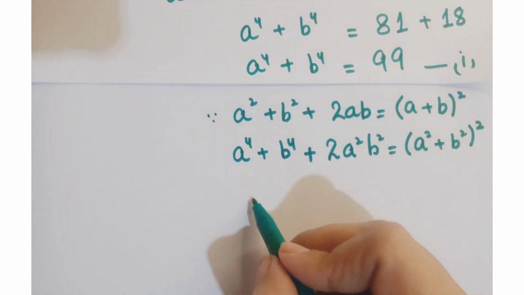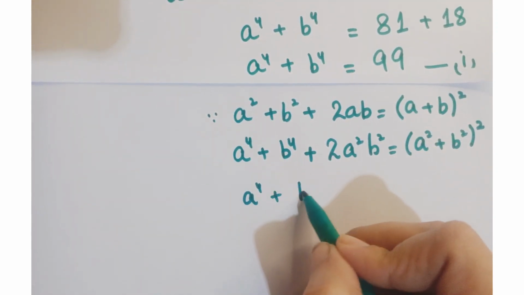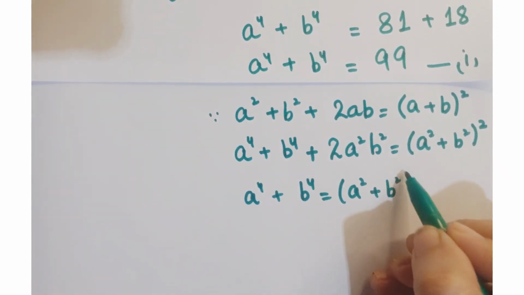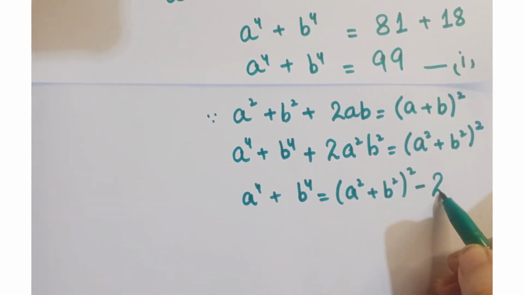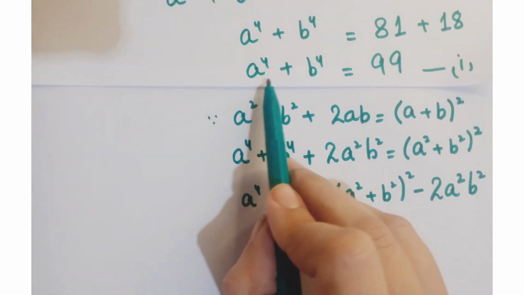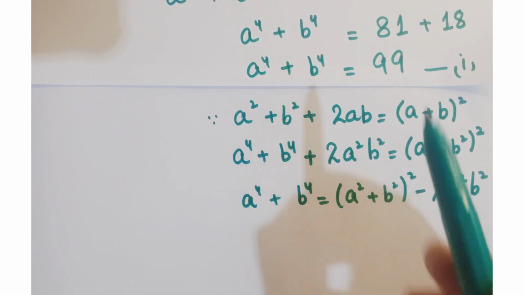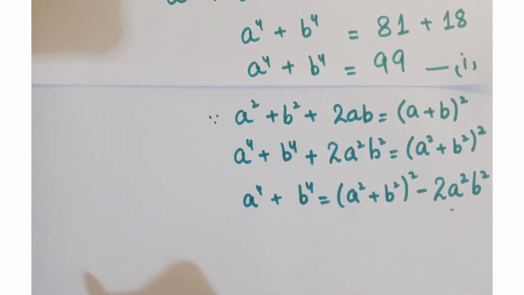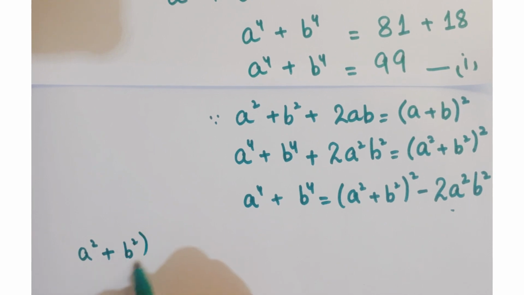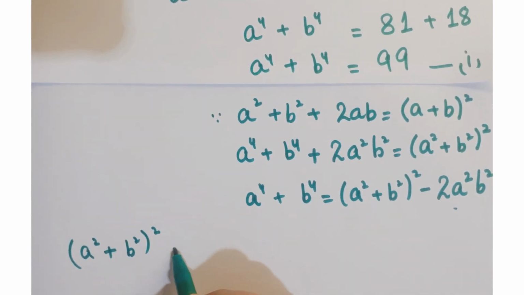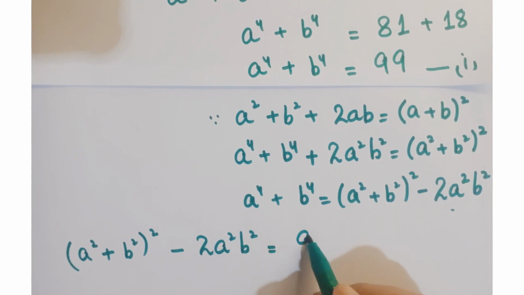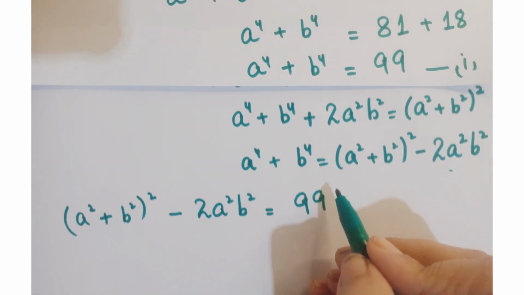So a power 4 plus b power 4 is equal to (a square plus b square) whole square minus 2a square b square. Now replacing a power 4 plus b power 4 with this equivalent, we can write (a square plus b square) whole square minus 2a square b square is equal to 99.